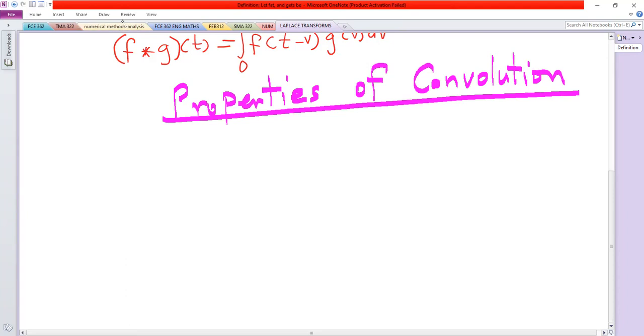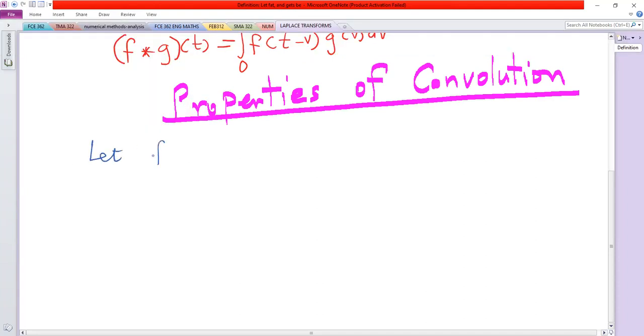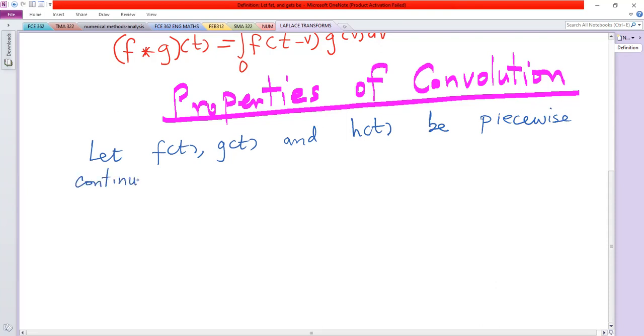So let's have three piecewise continuous functions on the interval 0 to infinity. Let f of t, g of t, and h of t be piecewise continuous functions on the interval 0 to infinity.